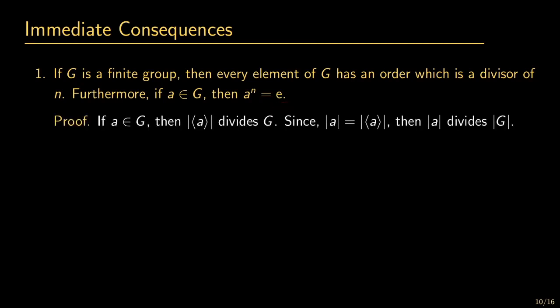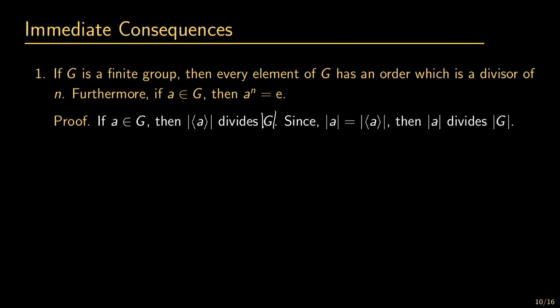Ang reason is because if you have an element, you consider the cyclic subgroup that it generates, it is a subgroup. Therefore, by the Lagrange Theorem, its order must divide the order of G. And since the order of the element is equal to the number of elements in the cyclic subgroup that it generates, then basically the order of A divides the order of G.